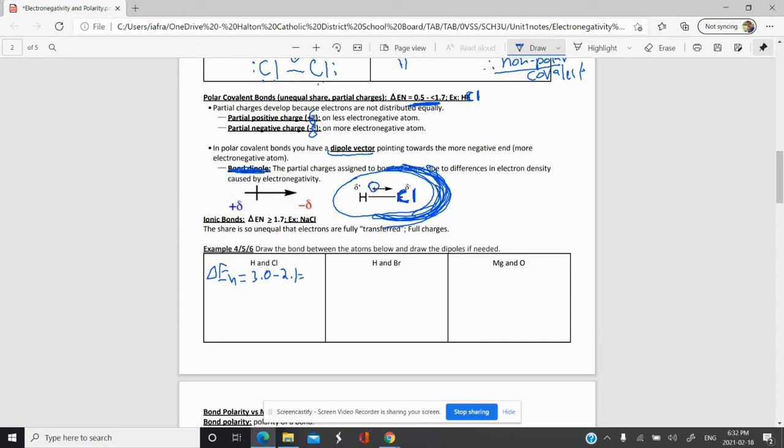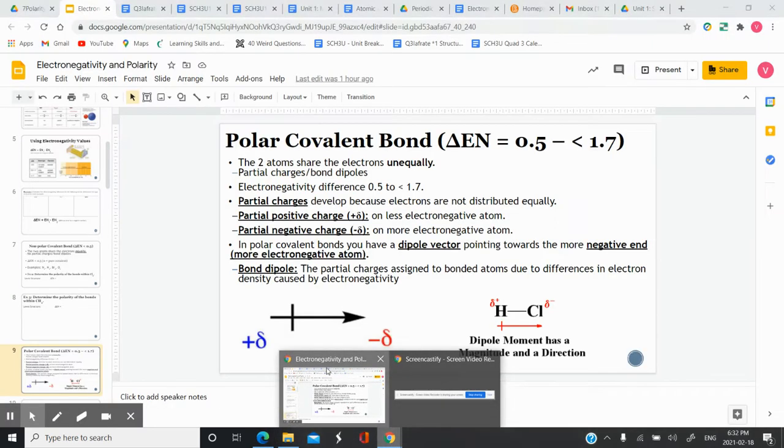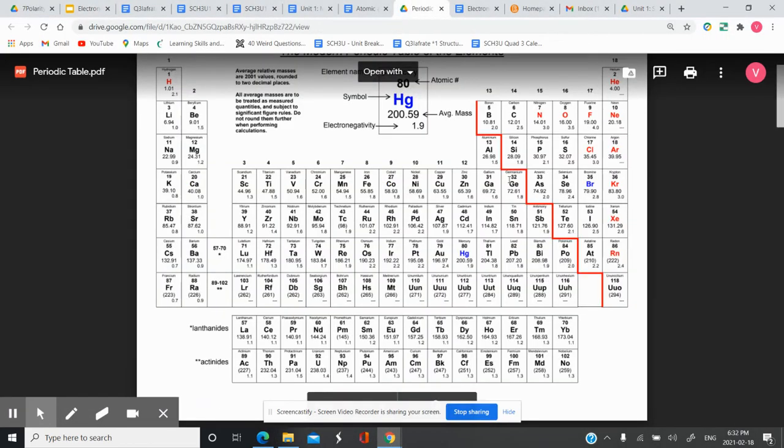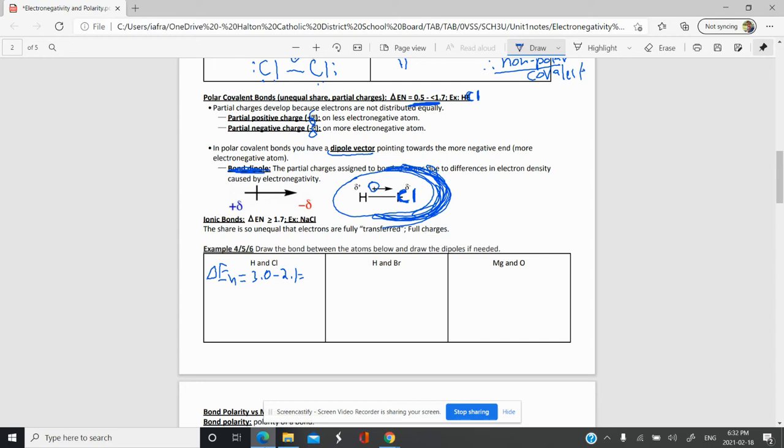Because the electronegativity of chlorine is 3.0. And you can get that from your periodic table as we saw in the previous lesson. But just to show you again, if we go to our periodic table, chlorine is 3.0, hydrogen is 2.1, and so we get a difference in electronegativity of 0.9. 0.9 is more than 0.5, but it is less than 1.7.